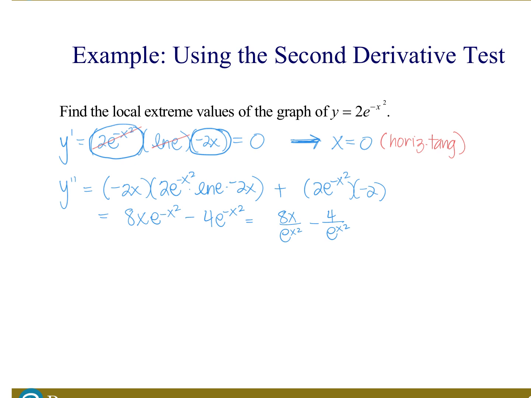Now we know we have enough to have a horizontal tangent, but we want to know what kind of horizontal tangent it is. Is it the horizontal tangent that has negative concavity, or is it the horizontal tangent that has positive concavity? So we want to check the second derivative. We're going to check what y double prime of our value 0 happens to be. So we'll plug in 0 for the second derivative.